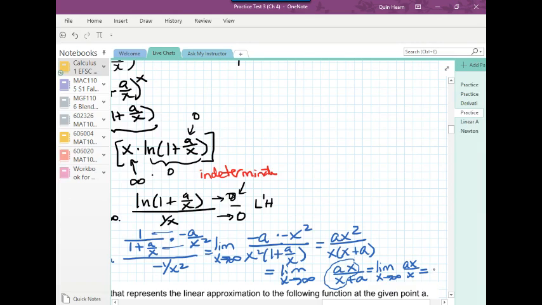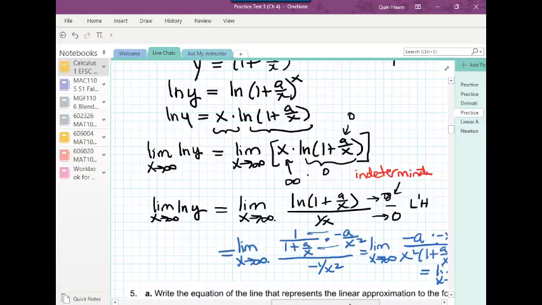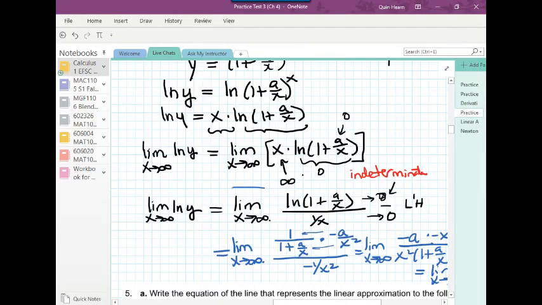Okay, oops, I did something that I don't recommend you do, which is I stopped writing my limit, and we don't want to forget that we're taking the limit. So make sure to keep writing your limit. Limit as x goes to infinity.